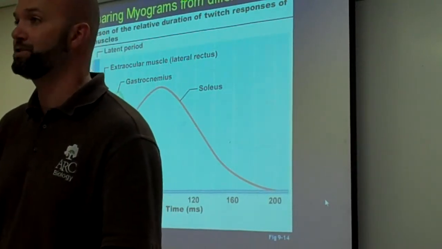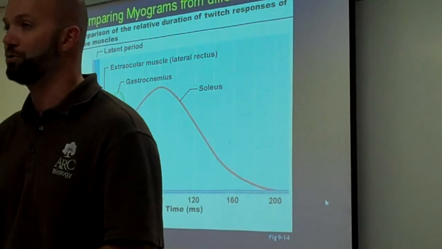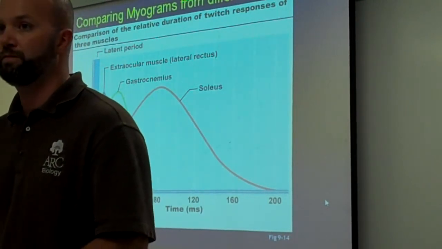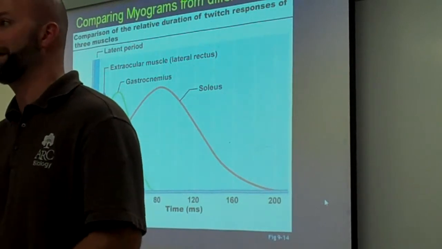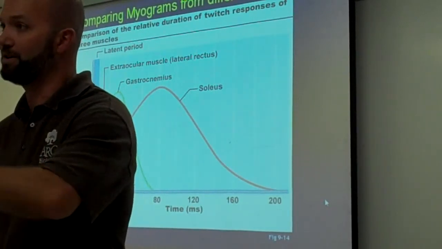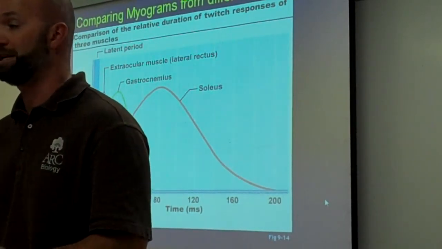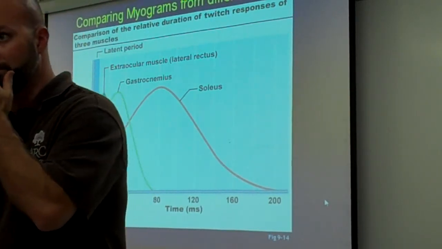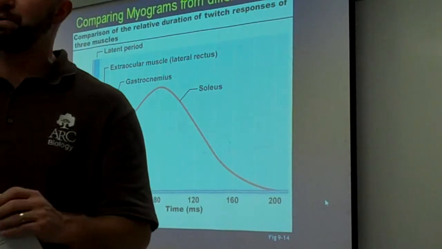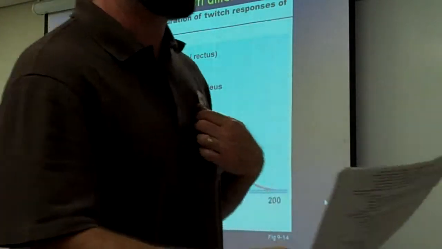And all of that tells you they rely more on anaerobic pathways. Such a fiber isn't going to be able to generate force for a very long period of time, but it is good at generating force. Very powerful fibers, but poor endurance.